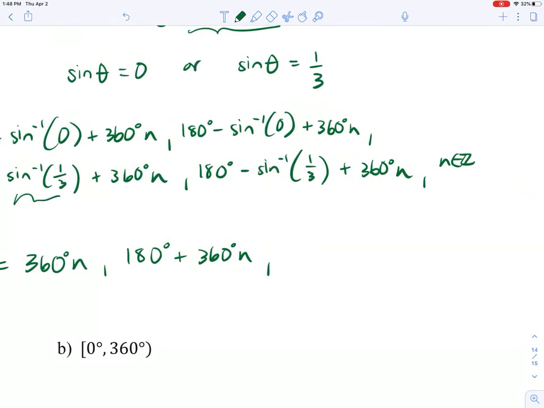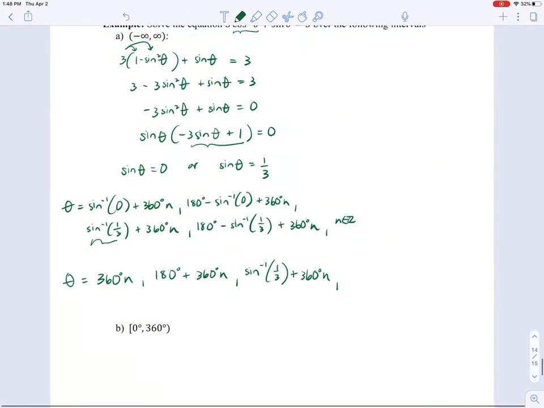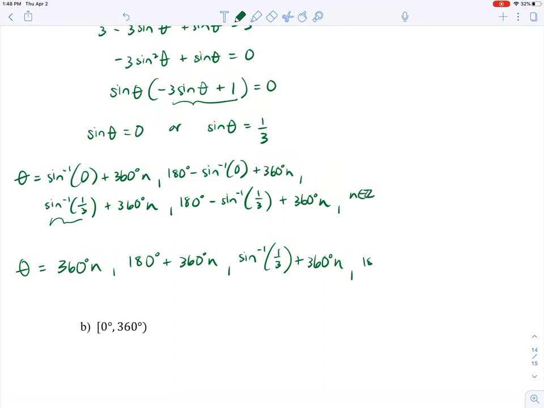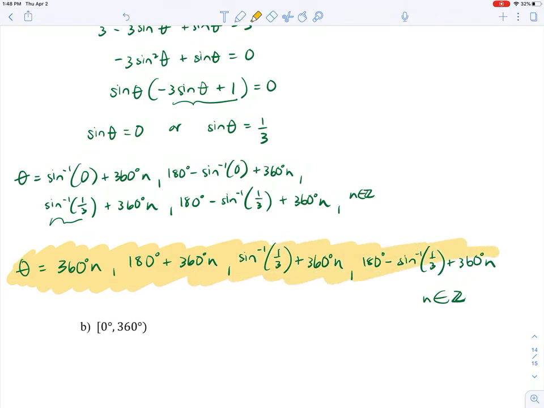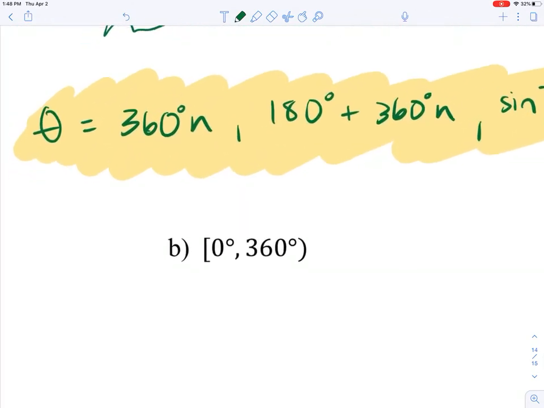We don't know what inverse sine of 1/3 is, so that is the exact value of that angle and all of its coterminal angles. So that's our general solution set for the equation.